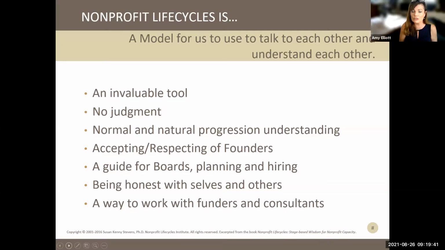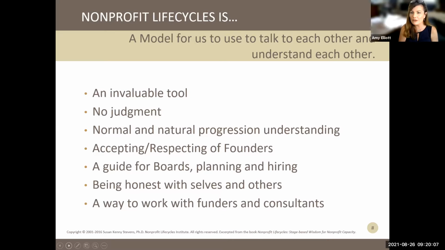And so there were different needs, ways to take care of me, and things to understand what I needed to move on to the next stage in my life so that I didn't get stuck in teenager mode, thank goodness. So the normal, natural progression that a person goes through is kind of mirrored in a normal, natural progression that an organization goes through.